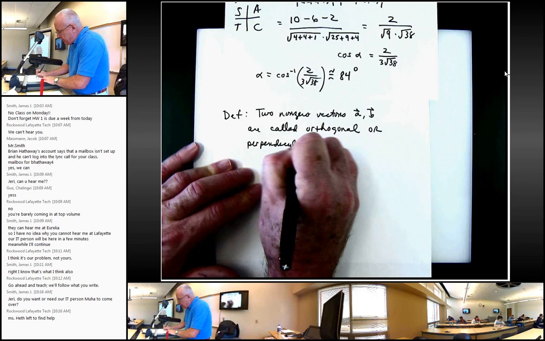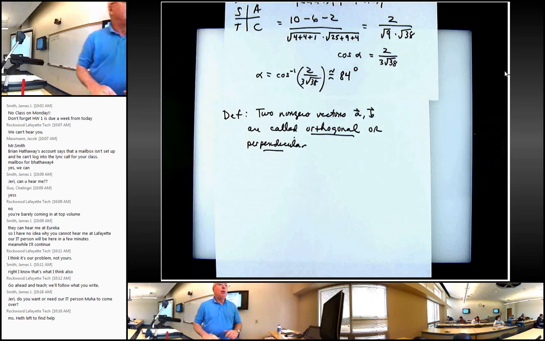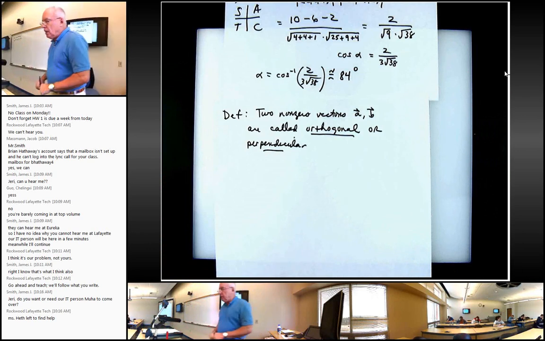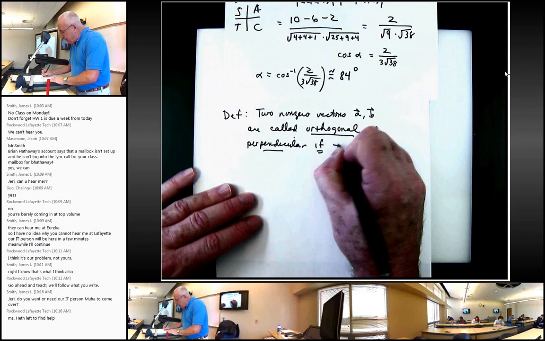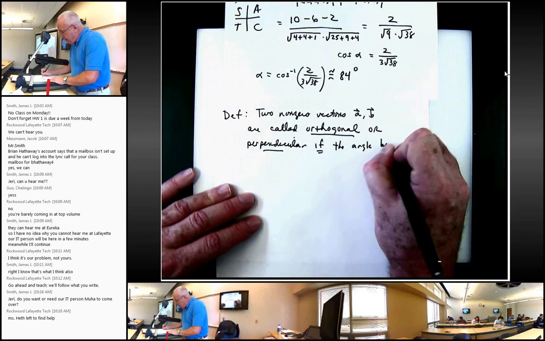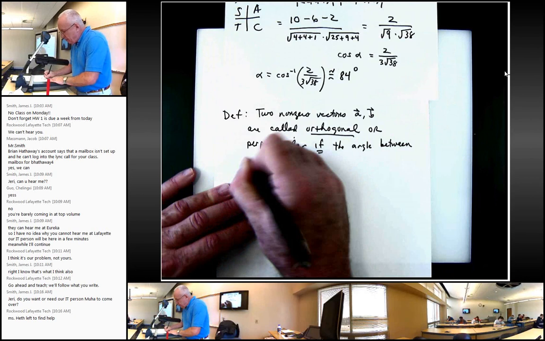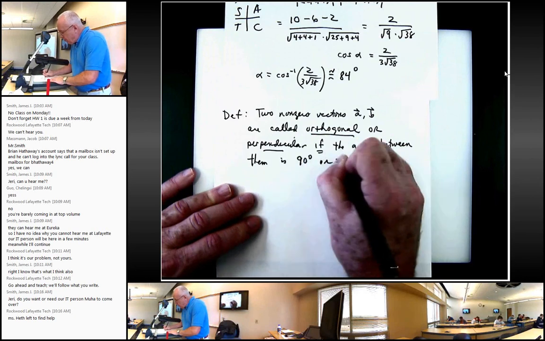And I'll be using either one of those terms interchangeably, so perpendicular and orthogonal, if the angle between them is 90 degrees. If the angle between them is 90 degrees or pi over 2.